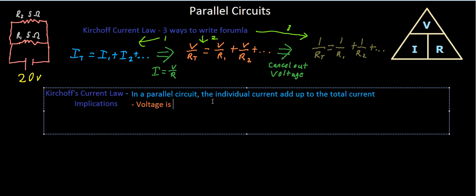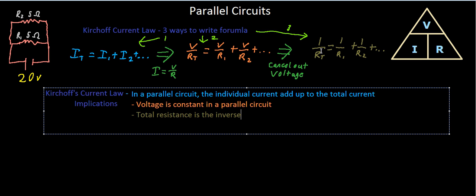So the first one is voltage is constant, and I can't stress this enough. It's only constant in a parallel circuit. And of course, the last implication is this last kind of weird resistance formula that we just proved. And that is just saying that the total resistance is equal to the inverse.